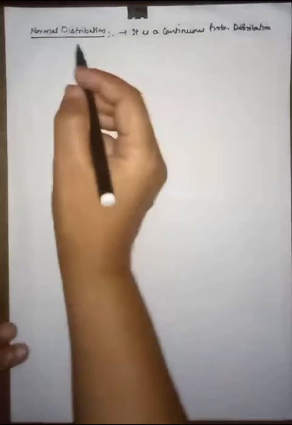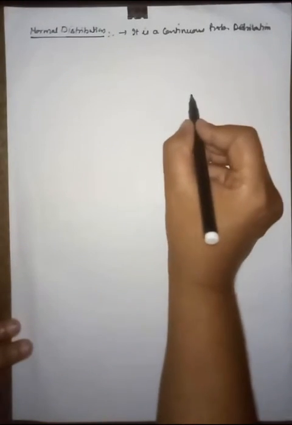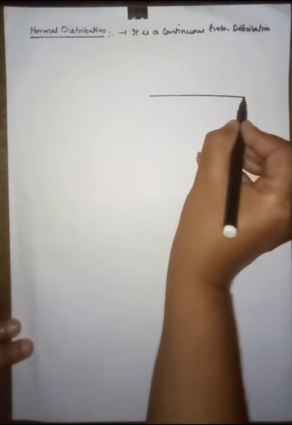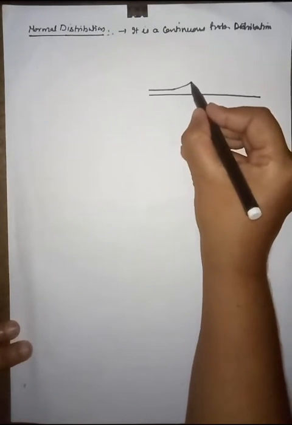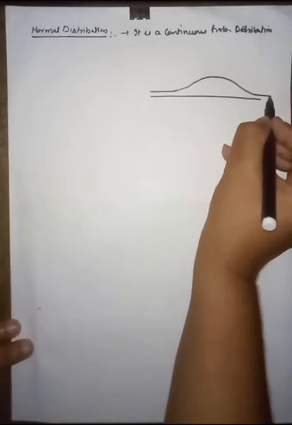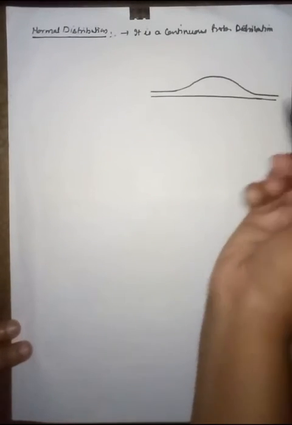So first we make the normal curve. The normal curve looks like a bell-shaped diagram.